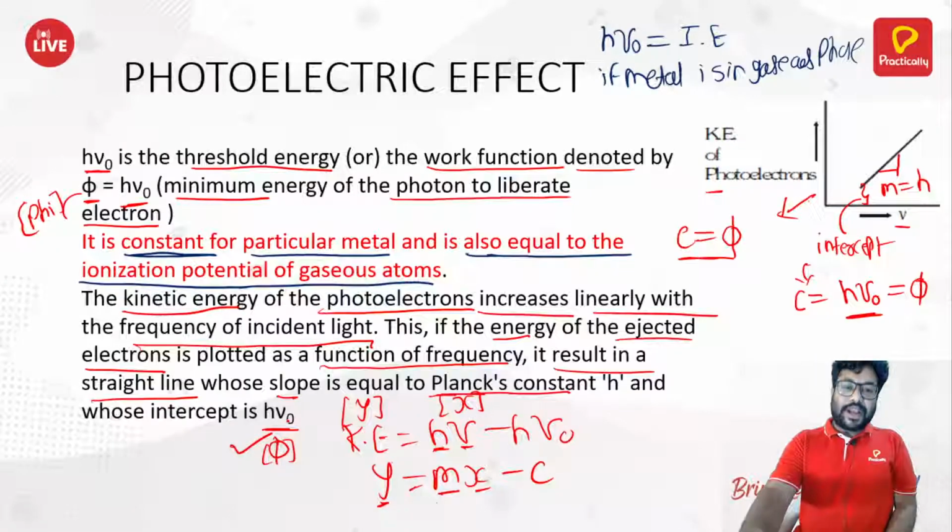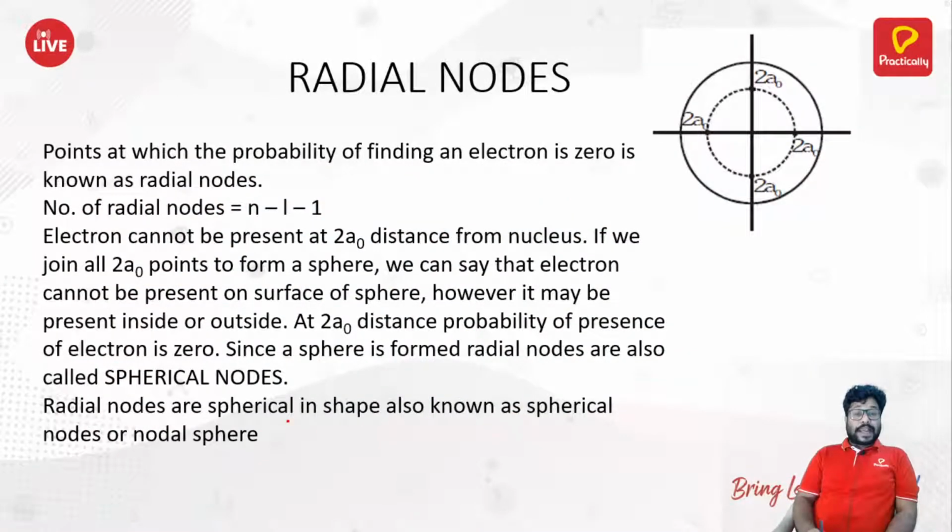Okay, so moving ahead. The next part is types of nodes. Now, first of all, you need to understand what is meant by node. See, do you understand the orbitals?